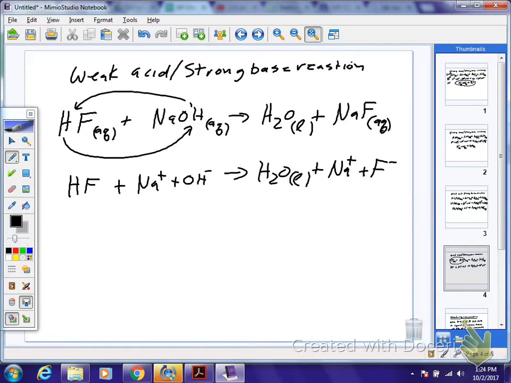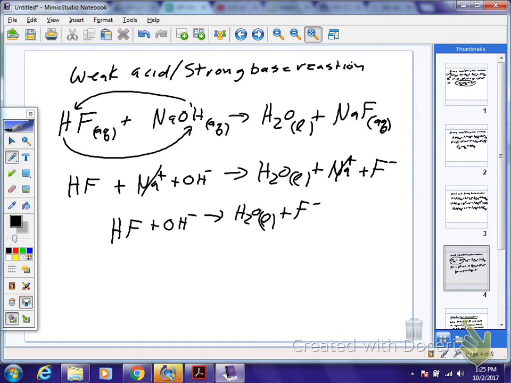So then we get rid of Na, that's our spectator ion. It's still there, it's just not part of the reaction. Part of the reaction is going to be HF plus OH minus gives you H2O plus F minus.